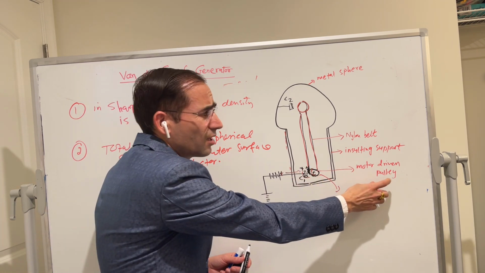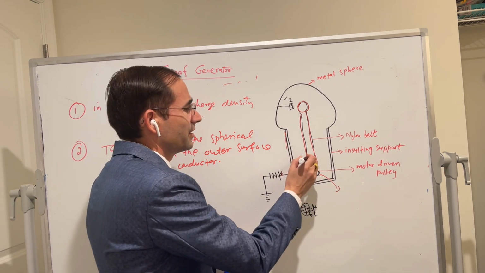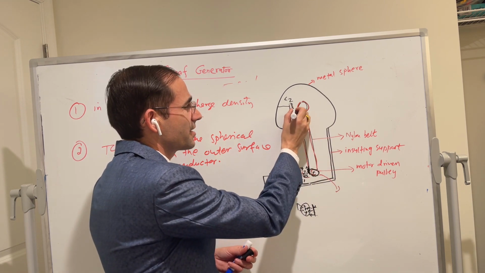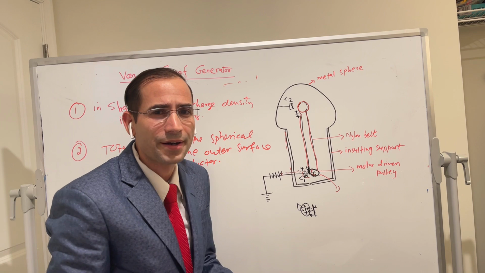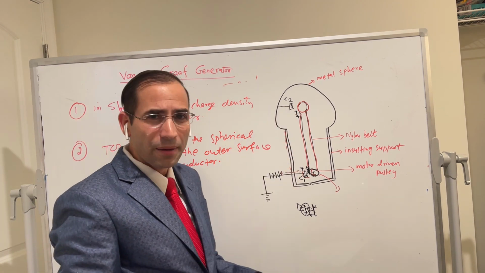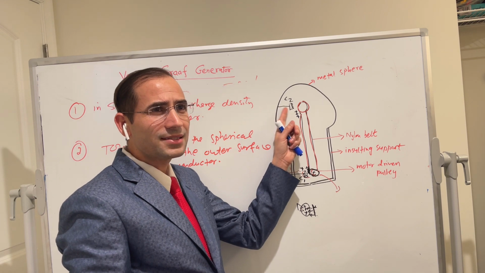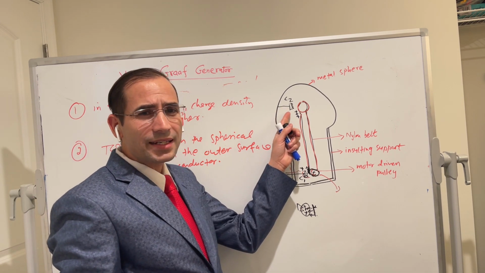Now you run the motor. These positive charges here start to move because it rotates. Now these positive charges reach the top part of the belt, near that next comb. This comb is electrically neutral.